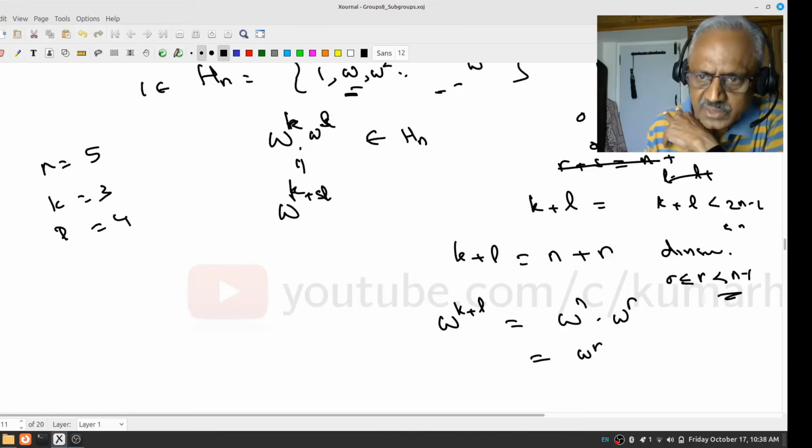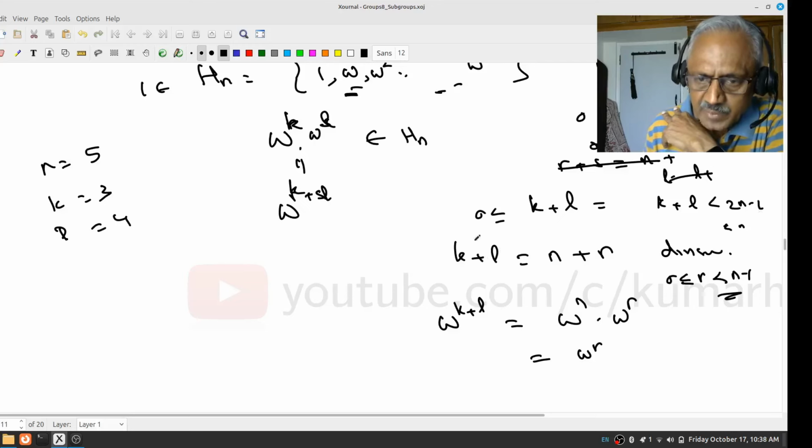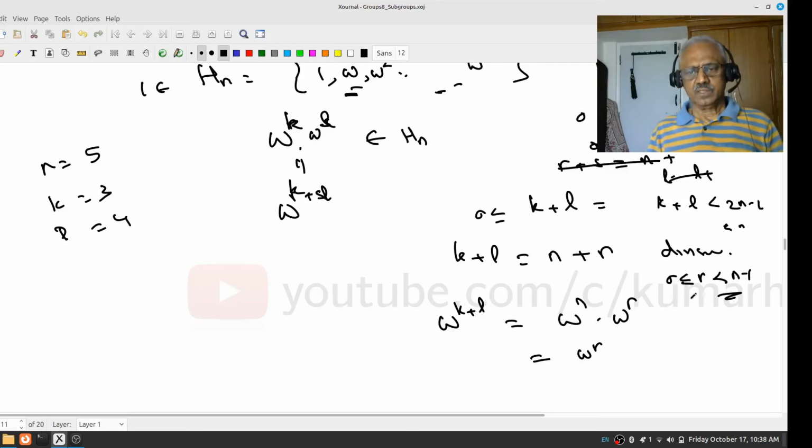Notice that 0 is less than or equal to k, strictly less than n minus 1, and 0 is less than or equal to l, strictly less than n minus 1. Therefore, k plus l will be non-negative, but strictly less than 2n minus 2. Therefore, when I divide by n by the division algorithm, I get k plus l equals some multiple of n plus a remainder r. This remainder has to be 0 ≤ r < n.